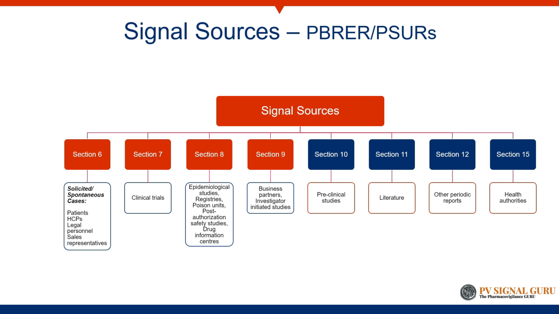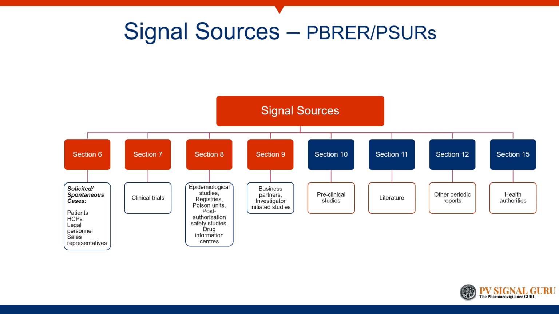And finally, section 15, which is overview of signals, new, ongoing, or closed. In this section, health authority requests to evaluate safety topics are presented, which can be considered as a source of signals originating from regulatory bodies.